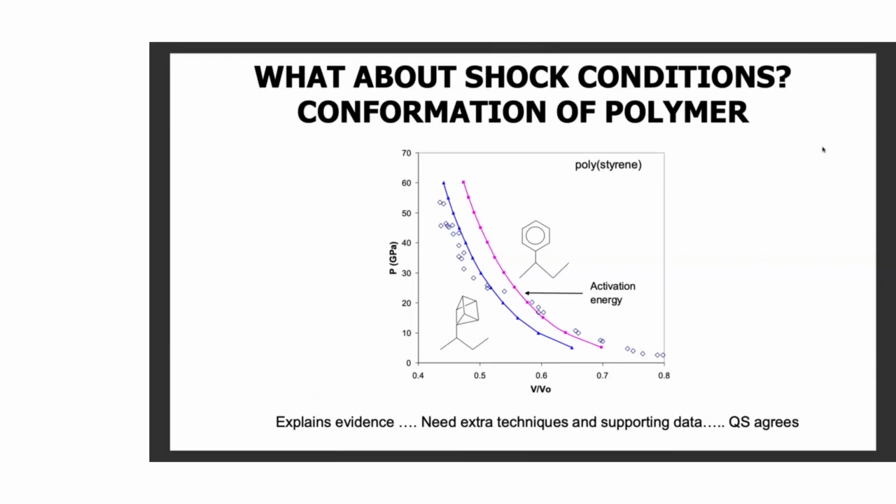But what we're seeing here is for polystyrene, the normal form of the benzene ring on polystyrene gives you the pink line. The three-dimensional, prismatic kind of structure is the thing that gives us the blue line.